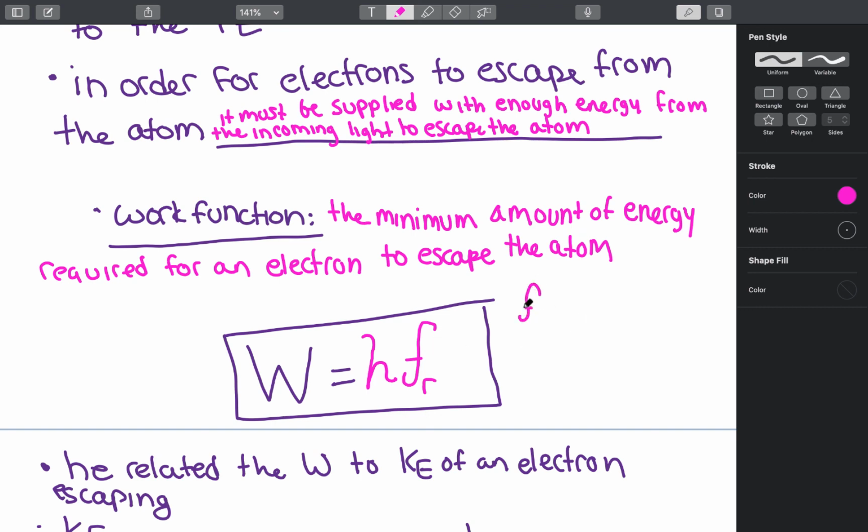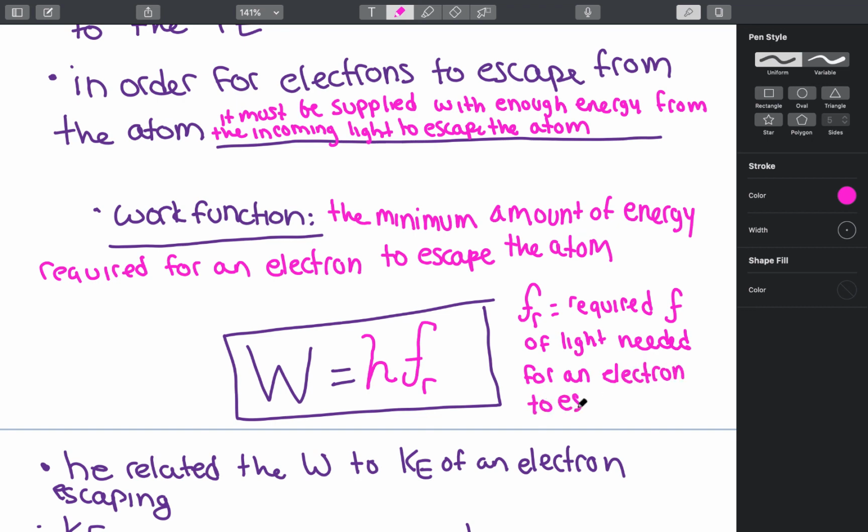So the frequency here is the frequency of light needed for an electron to escape.